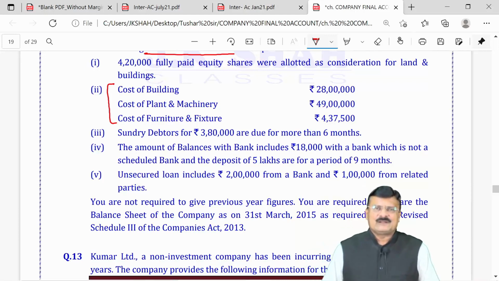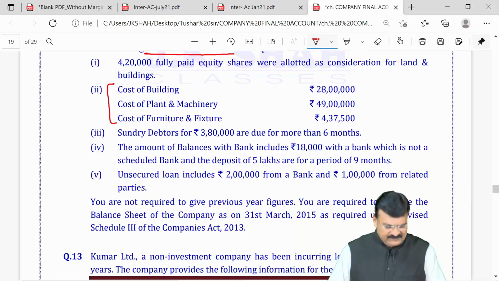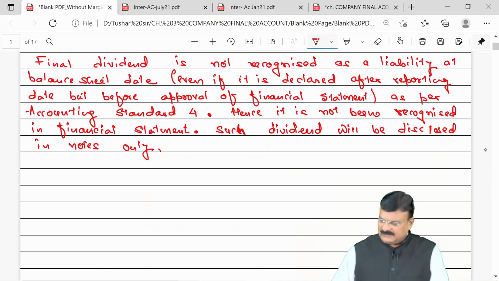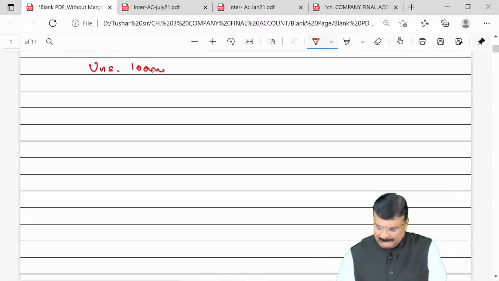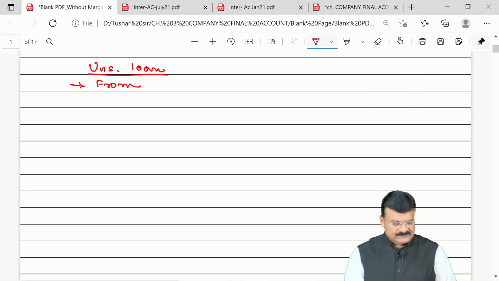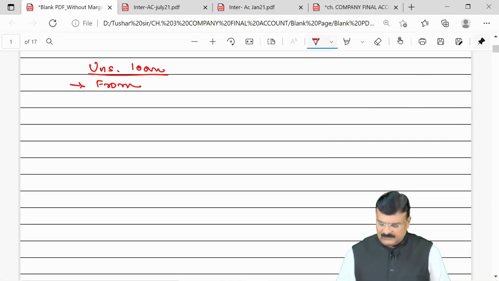When you write under long-term borrowing, unsecured loan, see in your trial balance how much is unsecured loan. Unsecured loan is 8,40,000. So how will you show it? You will write here unsecured loan, then an adjustment saying this unsecured loan of 8,40,000 includes 2 lakh from a bank.